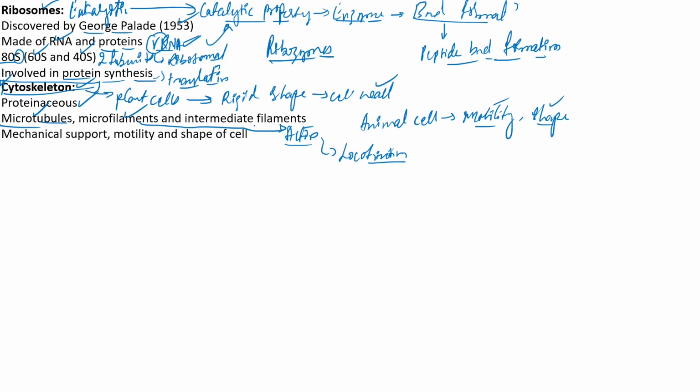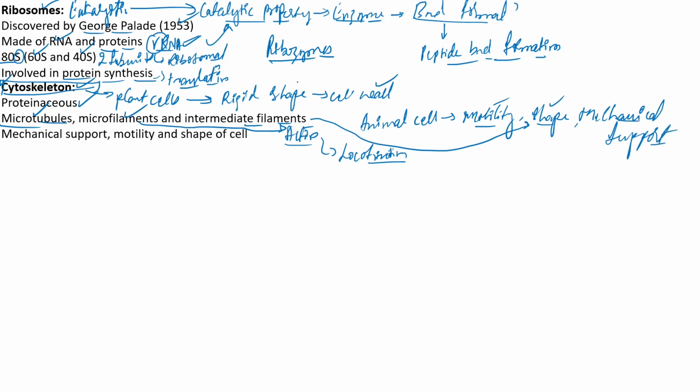And finally, we are having intermediate filaments. Okay, though the function of the intermediate filaments has not been correctly described since their discovery, yet we say that the main function of the intermediate filaments is that they provide the shape and the mechanical support.